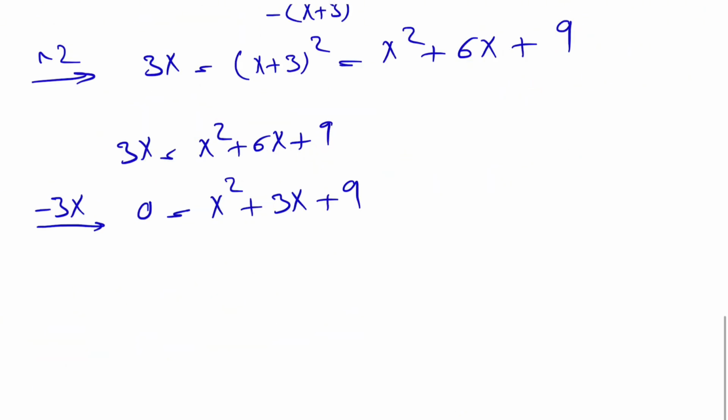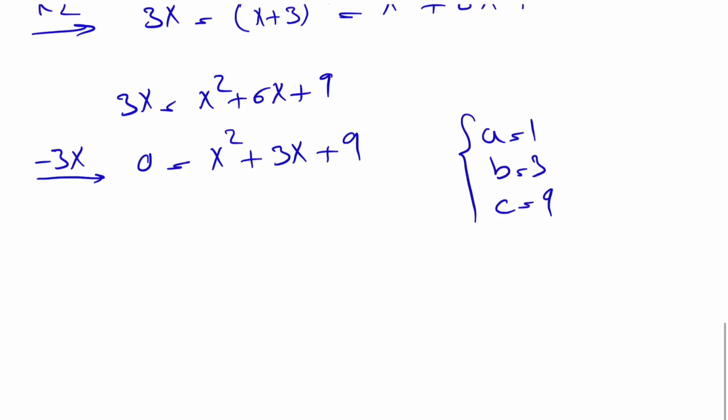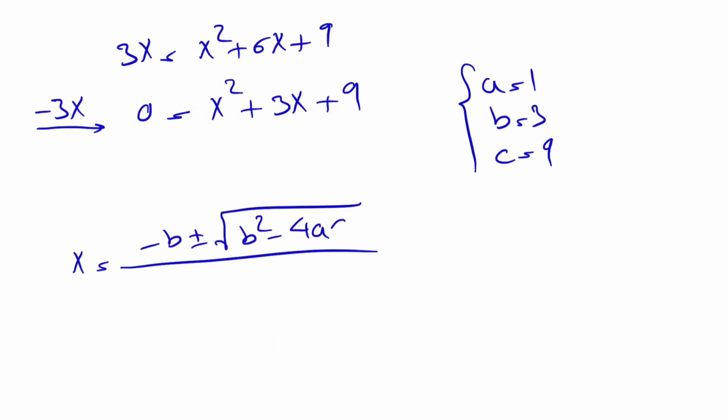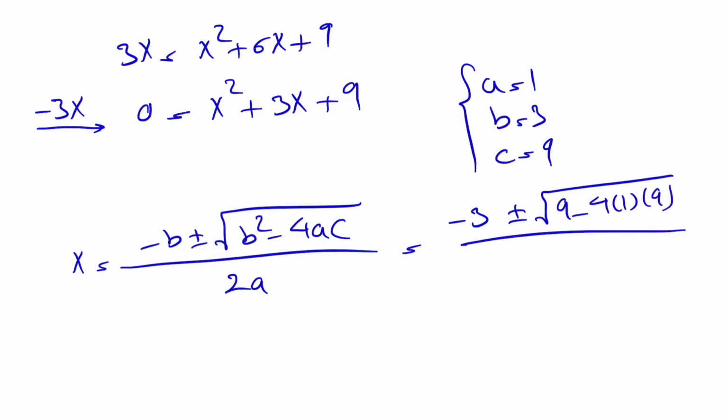And now we have a quadratic equation where our a is 1, our b is 3, and our c is 9. So if we want to solve this, we know our x will be minus b plus or minus the square root of b squared minus 4 times a times c divided by 2a. So minus 3 plus or minus the square root of 9 minus 4 times a times c over 2.